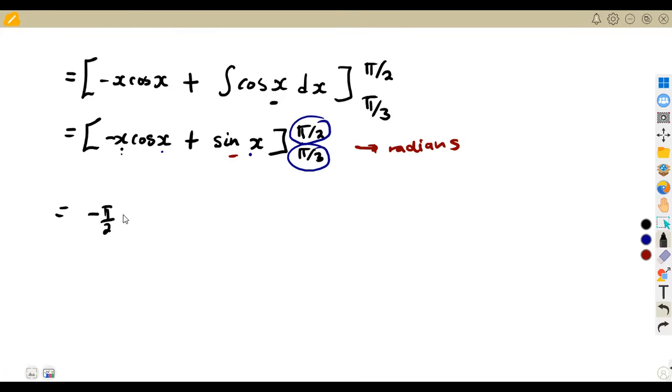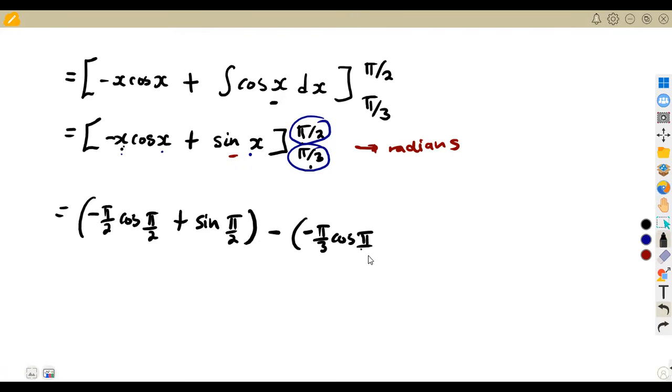So that's negative pi over 2 times the cosine of pi over 2, plus the sine of pi over 2. So that's our upper limit, minus the lower limit, which is pi over 3 in place of x. So we're going to have minus pi over 3 times the cosine of pi over 3, plus the sine of pi over 3. So that's upper limit minus the lower limit.